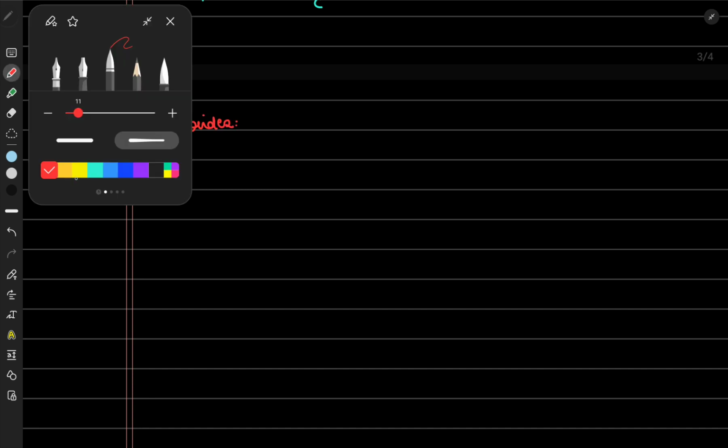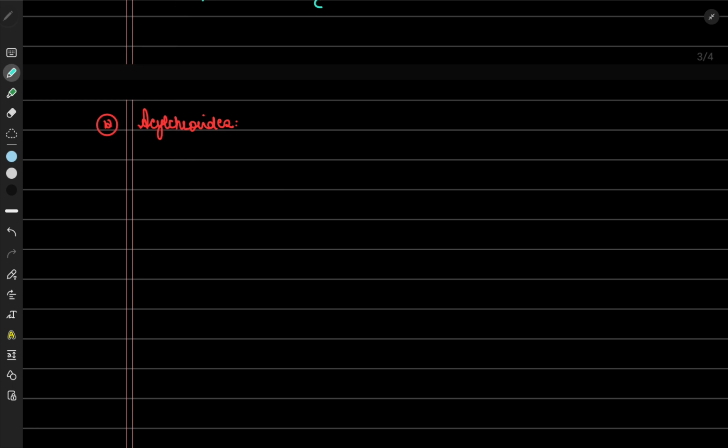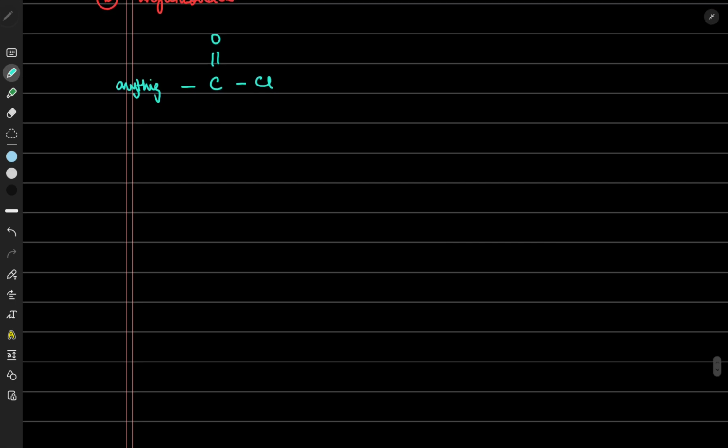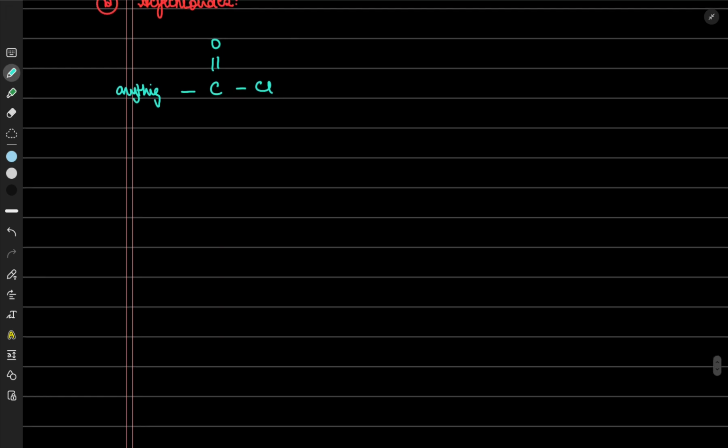So acyl chlorides essentially have a carbon bonded to an oxygen, but this time it has a chlorine attached to it, right? So this functional group is known as an acyl chloride. This can have anything attached to it, but on one side at least there needs to be a chlorine atom, right?